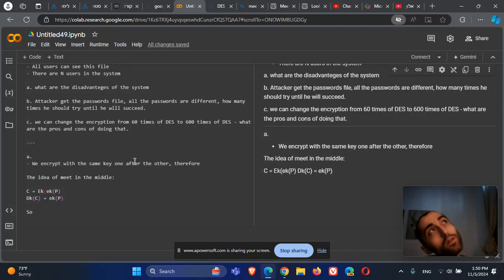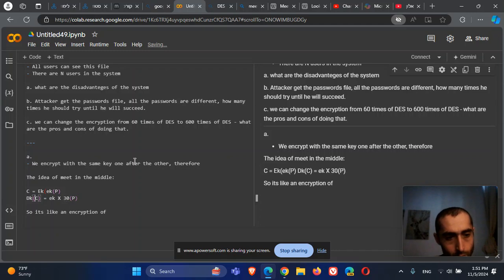So it's like an encryption to this with the same key.